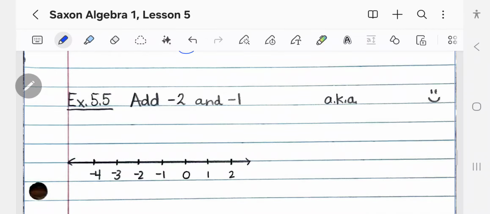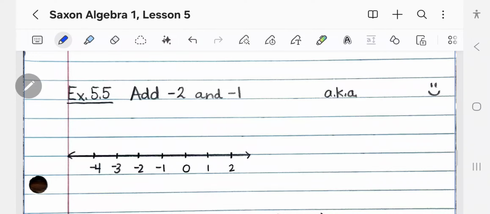Example 5-5. Add -2 and -1. So it's just -2 plus -1. Now, often when you see a plus a negative like that, they will put the negative in parentheses. This is not meaning multiplication because we have this addition sign there.